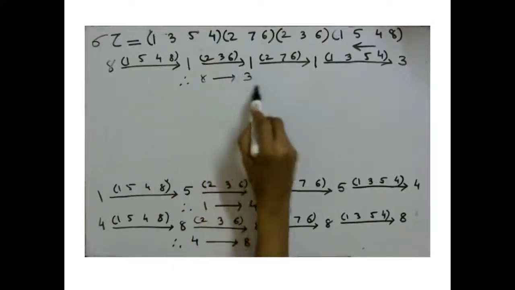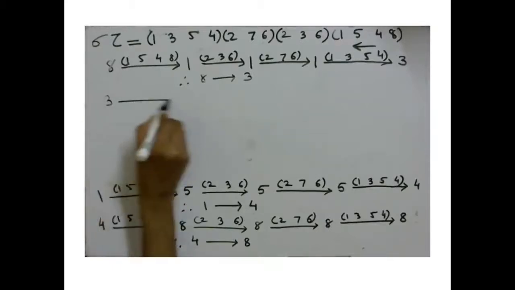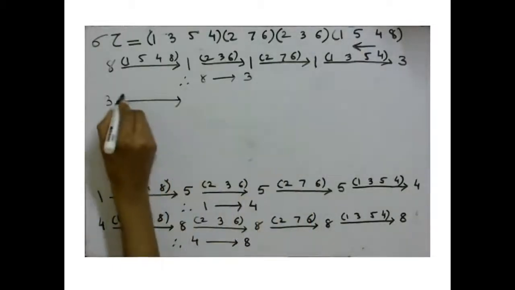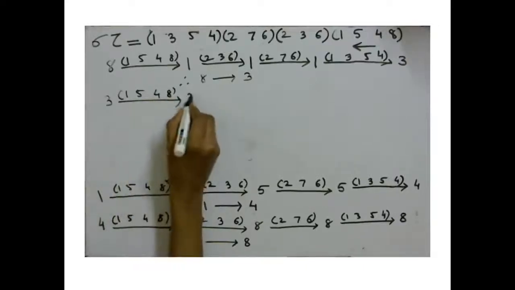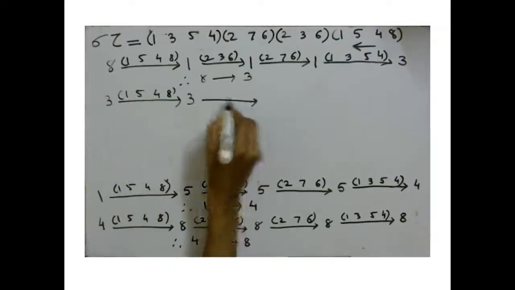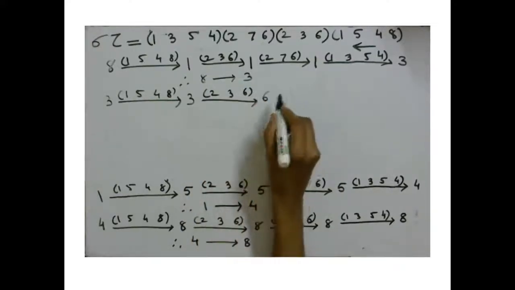Now we will see the image of 3. So start with 3 and start with the rightmost cycle. 1, 5, 4, 8: here 3 is not present, 3 is fixed by this cycle. In the next cycle 2, 3, 6, you observe that the image of 3 is 6. 3 maps to 6.